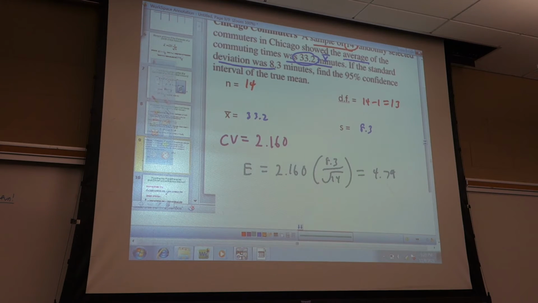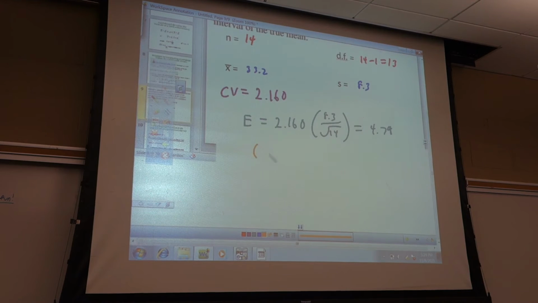My last step is going to be to find my x bar minus my error, comma, x bar plus my error, right? My actual interval.